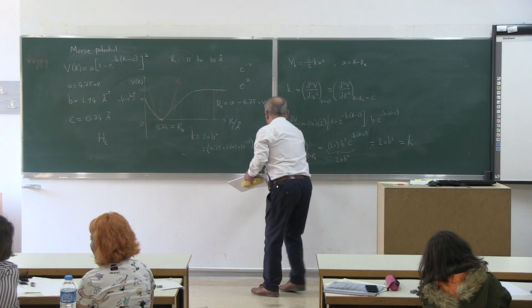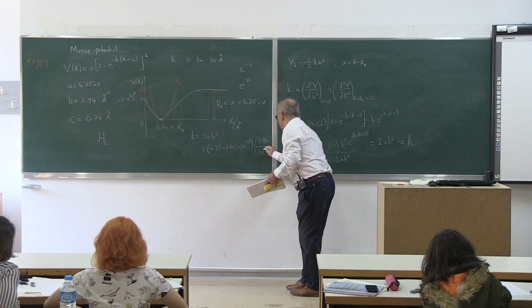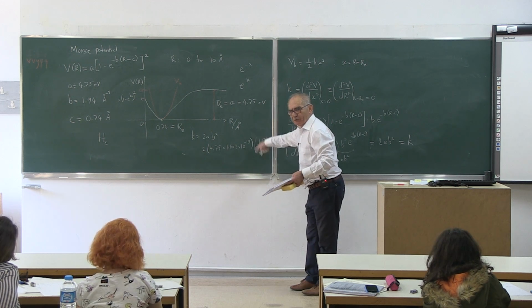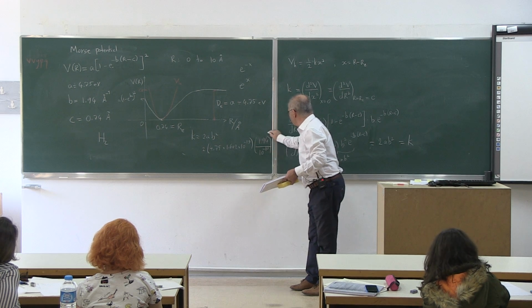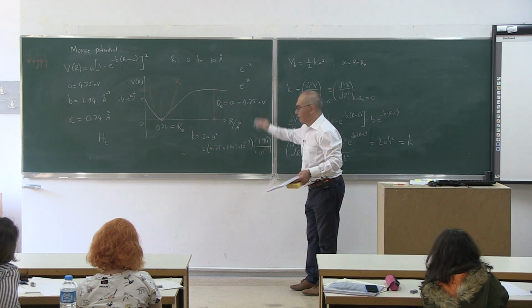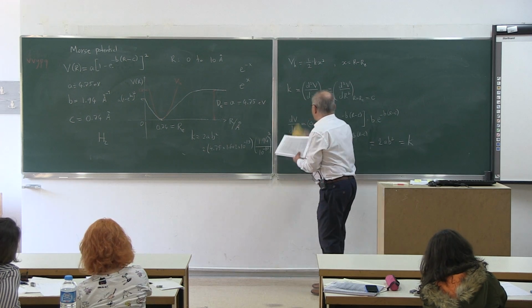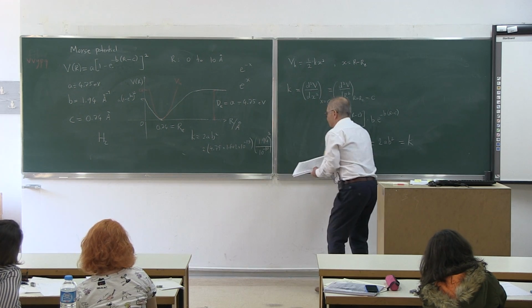An angstrom is 10 to the minus 10 meters, so 1 over that, and then take the square. Let us simplify a little bit.